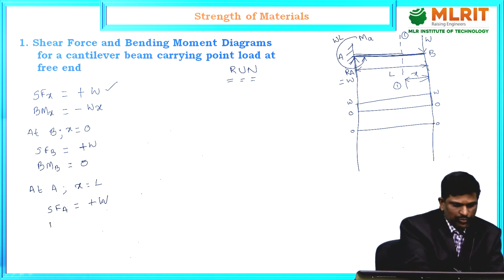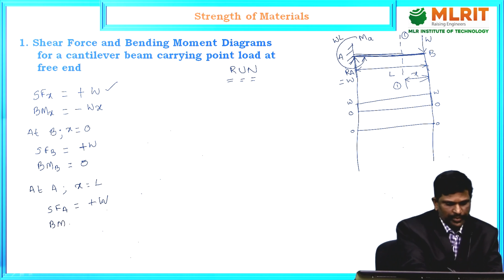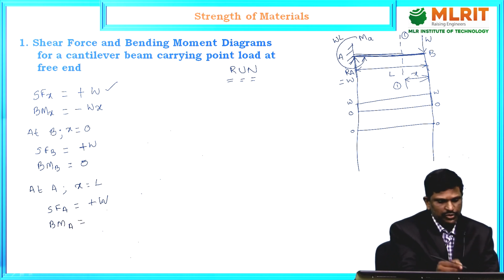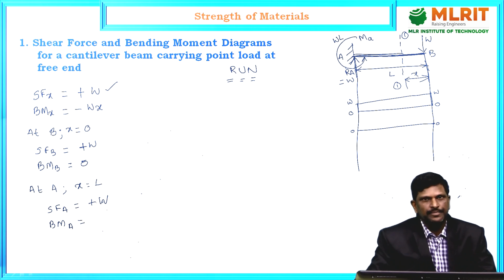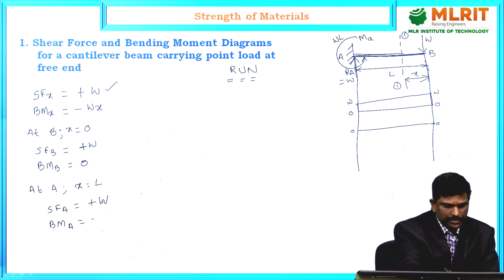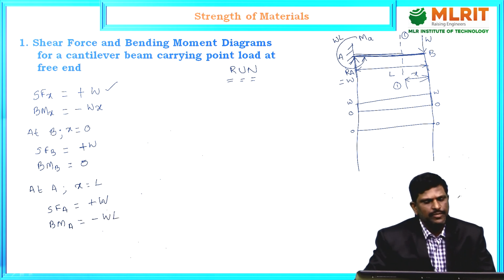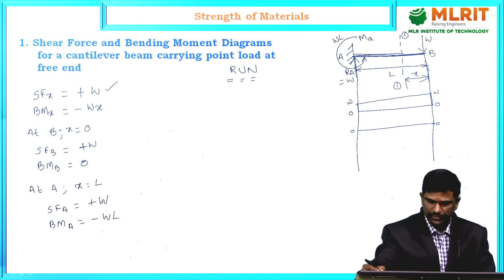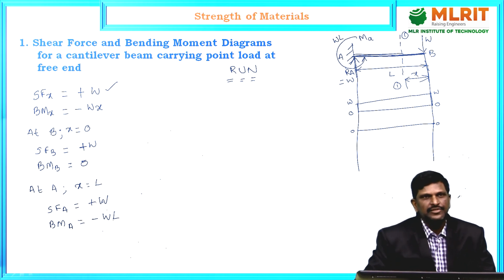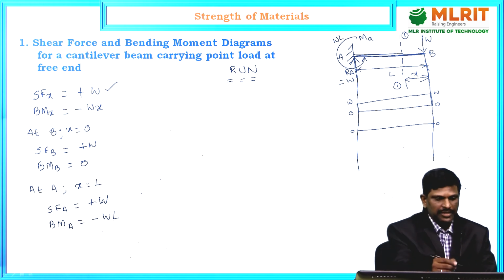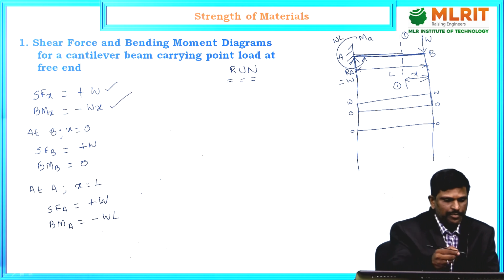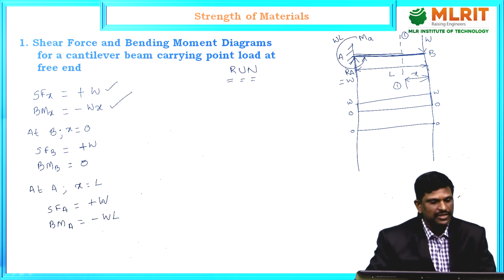Let us find the bending moment at A. To find the bending moment at A, simply substitute x equal to L in the bending moment equation. Bending moment at A is given by minus WL. So, plot the value. The bending moment is changing linearly from 0 to minus WL, because the equation for bending moment, BM x, is equal to minus Wx, which is in the form of y equal to mx, a straight line equation.